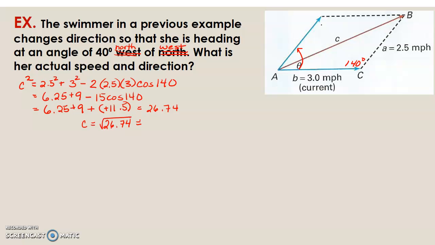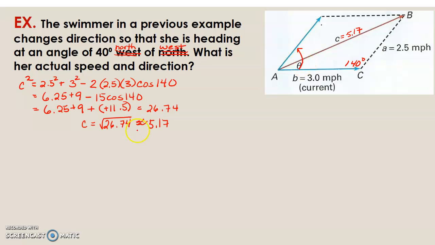Square root of the answer. And that's going to be about 5.17 approximately. Okay? So that right there is where C is. And we need to know this direction right here.